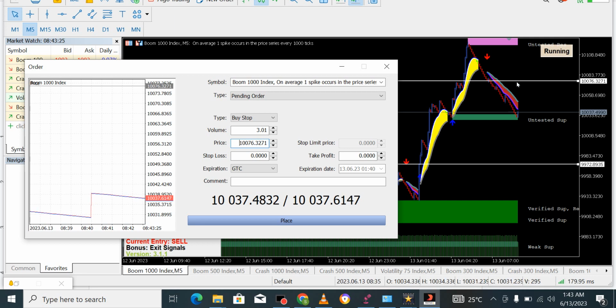Once it is activating your order, it will put it in profit immediately. If this is how it's going to work, then definitely everybody will always be in profit, because it will be very easy for you to know the direction of the market.